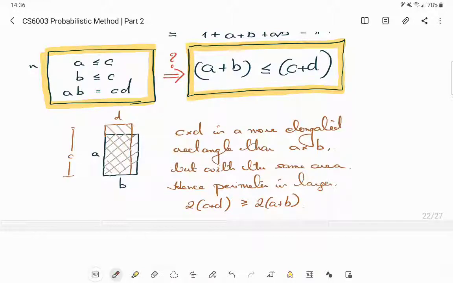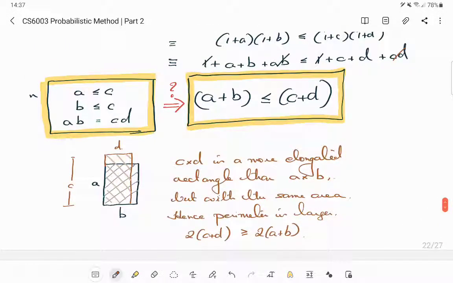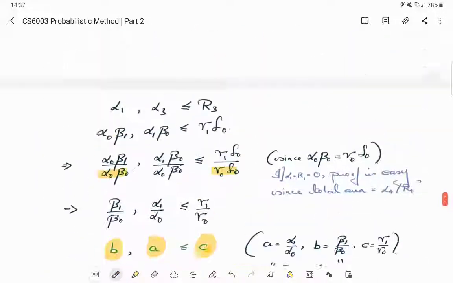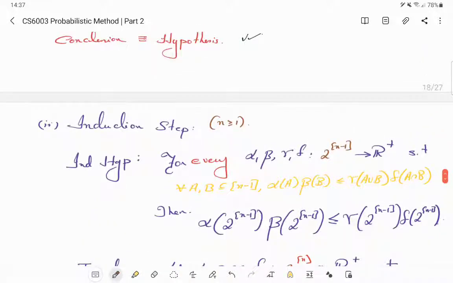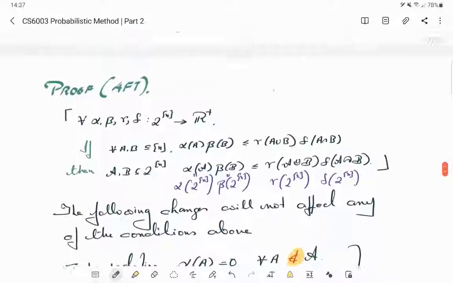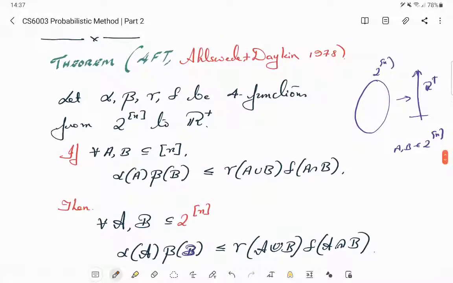And the 4 numbers theorem would imply the 8 numbers theorem, and the 8 numbers theorem would imply our 4 functions theorem. Okay, so this finishes the proof of the 4 functions theorem. And yeah, let me just scroll down to the statement and then stop it there. Okay, yeah, thank you.